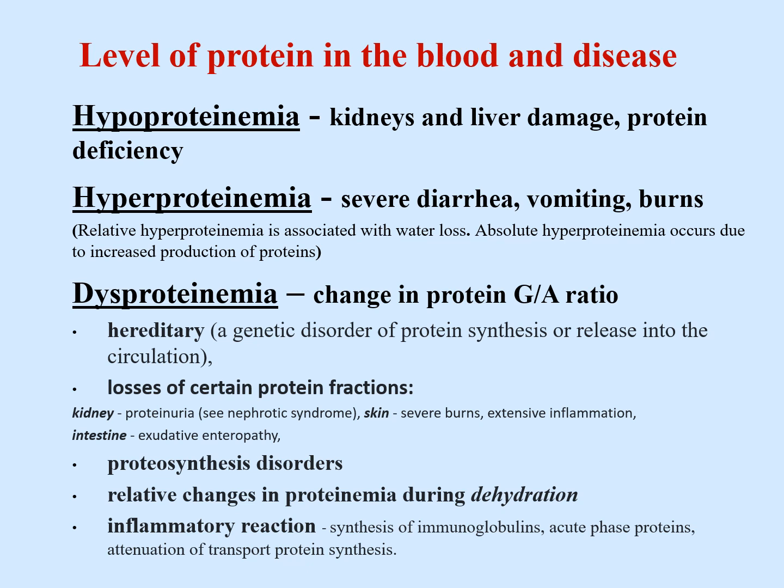And dysproteinemia, in this case, if you remember, I spoke about changing in protein A/G ratio. This ratio can be changed according to different causes. Maybe hereditary diseases, maybe loss of certain protein functions, maybe proteolysis, proteosynthesis diseases can give dysproteinemia.